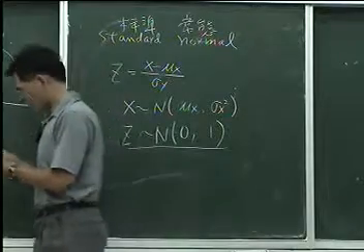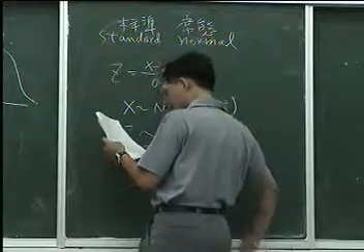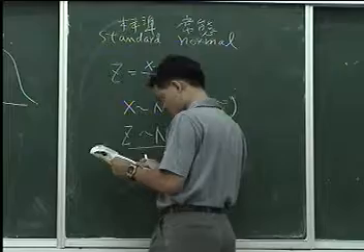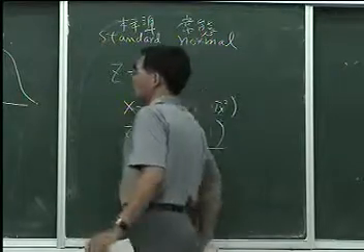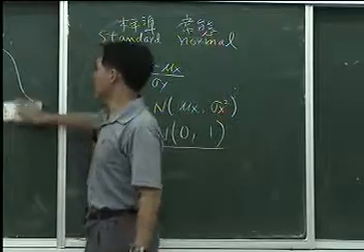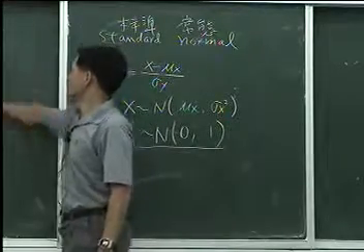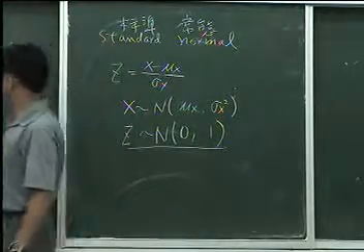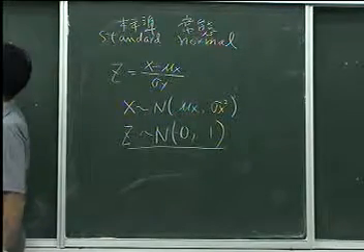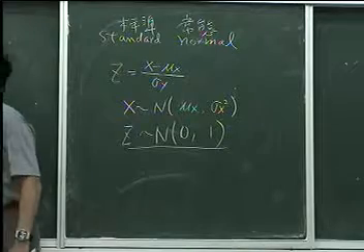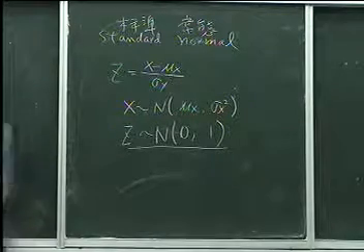So first, let us get some examples. There are some numbers that we often use, the corresponding Z and the corresponding probability. Let us get to that first.